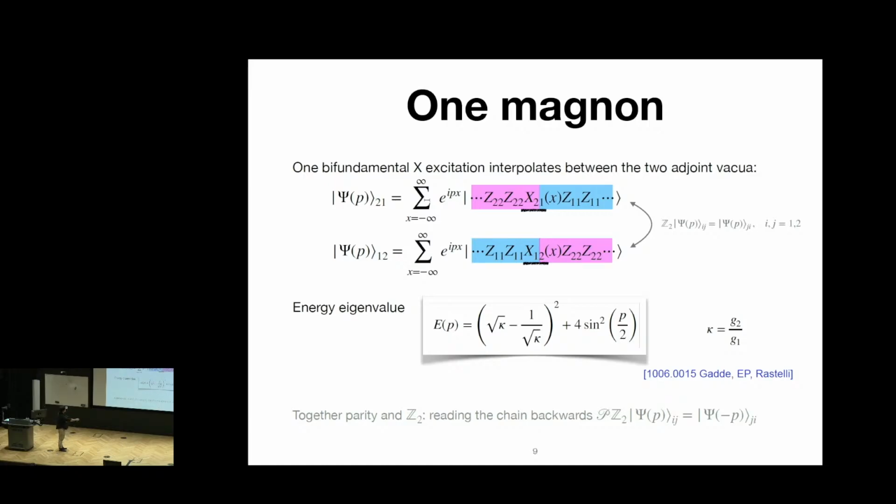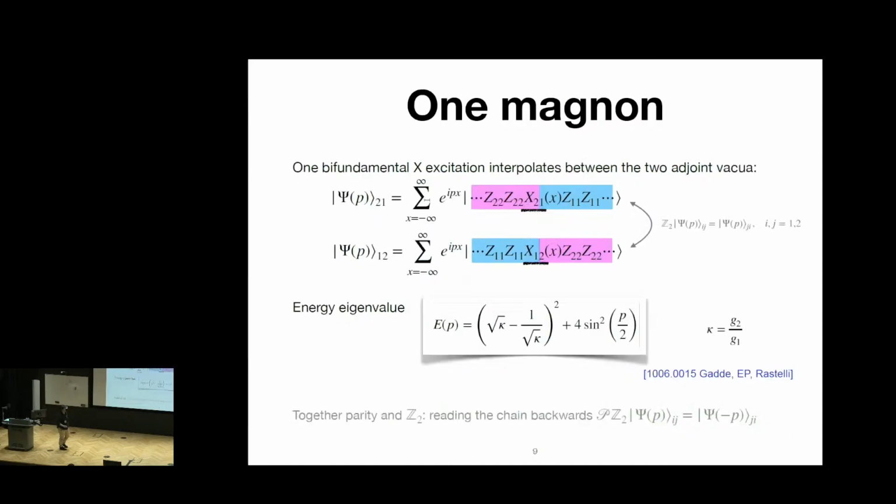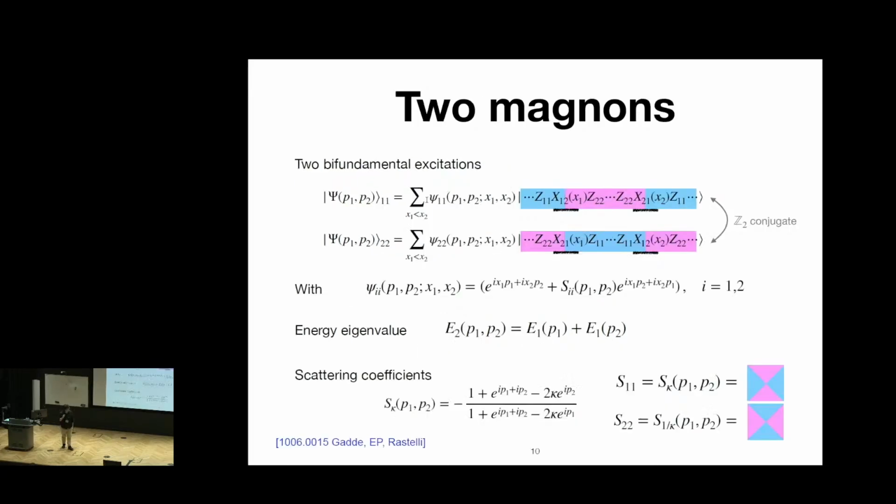And because we have the Z2 of the orbifold, there are, in fact, two 1 magnon eigenstates, and they are Z2 conjugate to each other. And this is their energy, 1 magnon, and you see this is very different from this. Yes? So there is some very rich physics in this model. And also, if you do Z2 together with parity, it is precisely equivalent to reading the chain backwards.